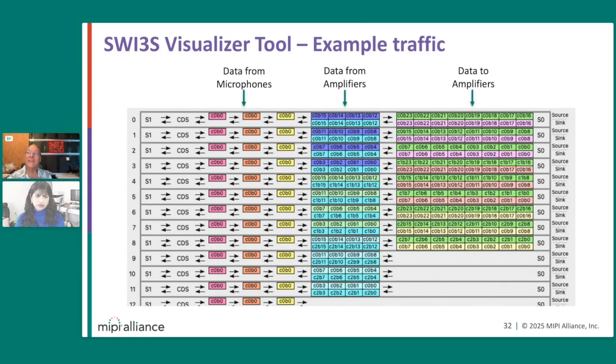Going over to the far right, that's data going out to the amplifiers. It's likely 2's complement, could be 1's complement if you wanted to save a few more microwatts. That encoding would be described in the DisCo data that Aruni just mentioned. And then in the middle, maybe you have some data coming back from those same amplifiers, either a reference signal or a current and voltage measurement or what have you.